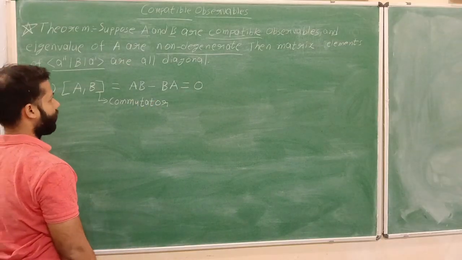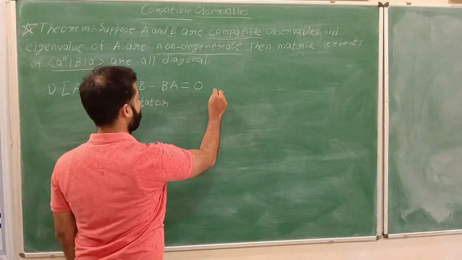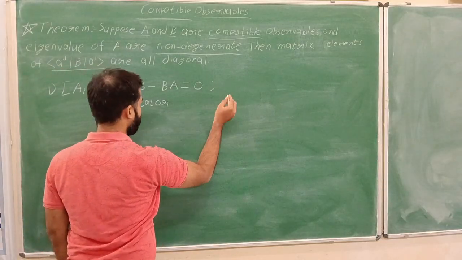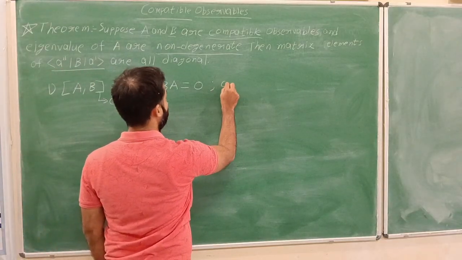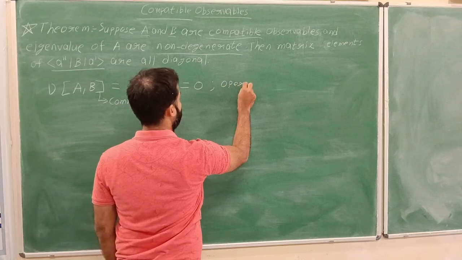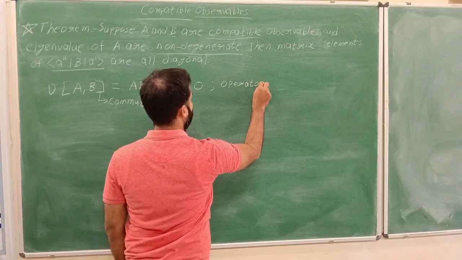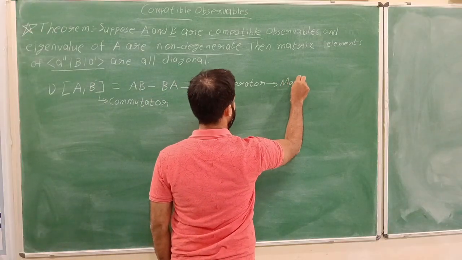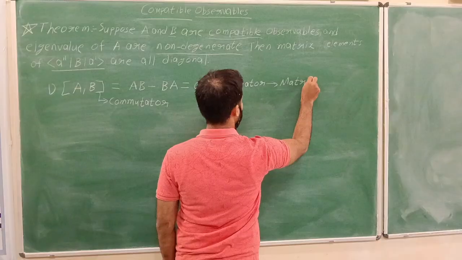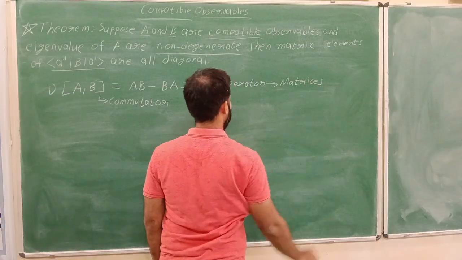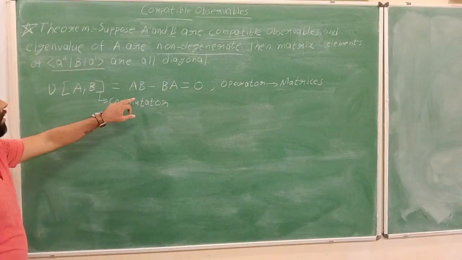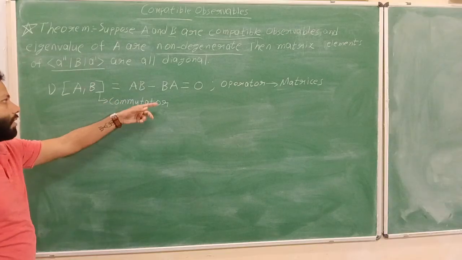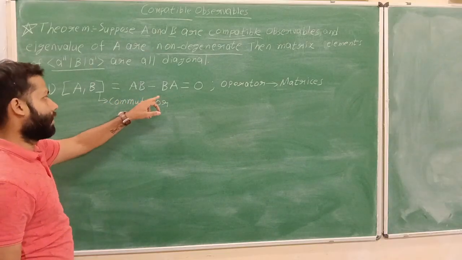Why do we generally use this? So we have seen that operators can be represented as matrices, and this property is very often seen in matrix multiplication.